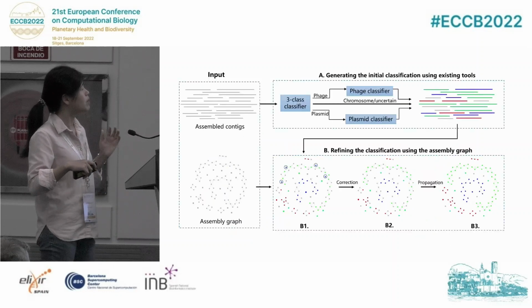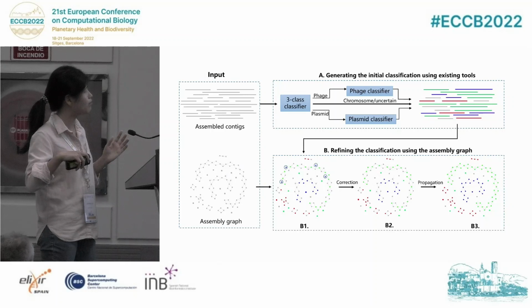So here is the pipeline of our 3CAC algorithm. Our input is the assembled contigs in metagenome assembly as well as the assembly graph. The first phase of 3CAC uses a three-way classifier, viral verifier, or PPR method to do three-way classification. As we know, there is high contamination from chromosome in phage and plasmid classification.